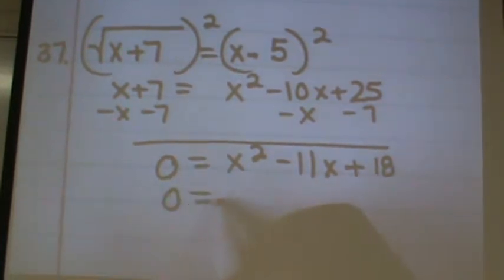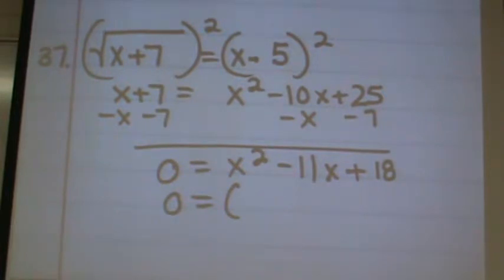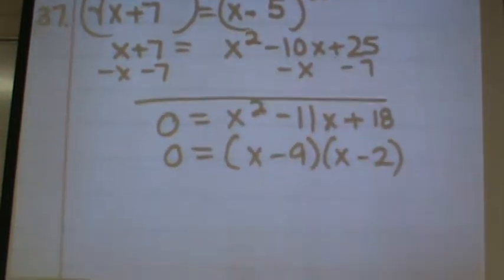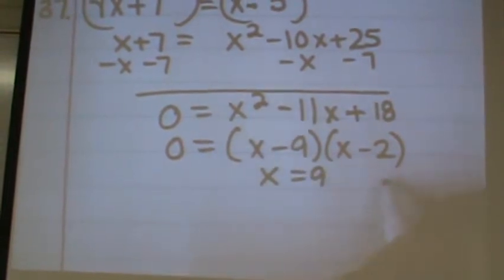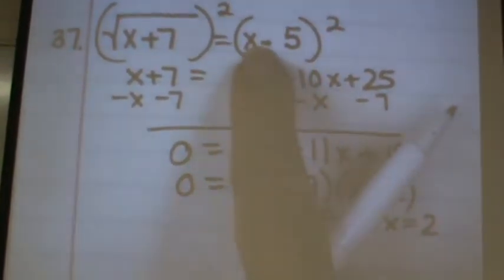Now what two numbers multiply to give you 18, but add to be negative 11? And that would be 9 and 2. So it's x minus 9 and x minus 2. So your possible answers are 9 and 2. Now you're going to want to check these because of the variable on this side.